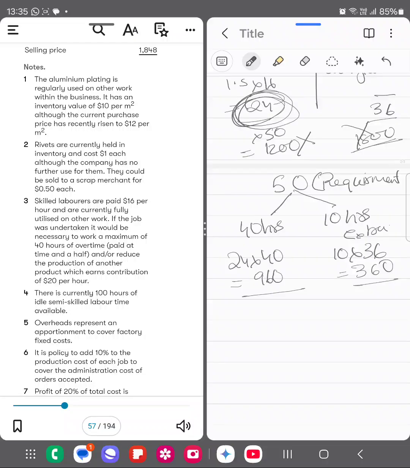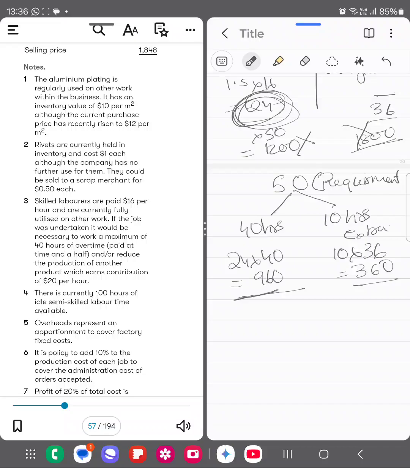If the job was undertaken, it would be necessary to work a maximum of, yeah, so it says that 40 hours are available. 40 hours are clearly available with the labor, right? And more than that, it is extra which is required, that is 10. So the cost of 40 hours, we have calculated the cost of 40 hours will be this 24, because it is already working this 40 hours, if we'll make them work, okay, then it will be at an overtime.